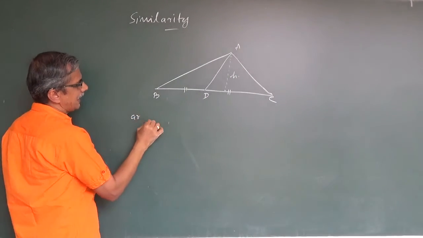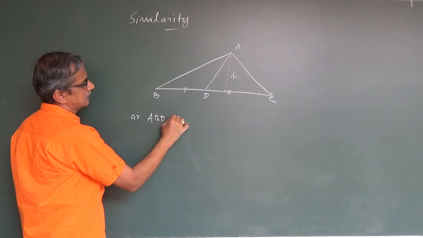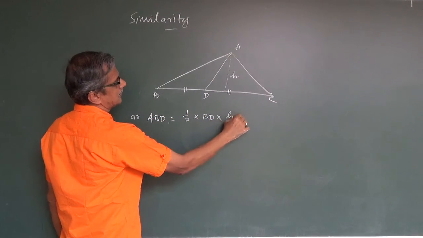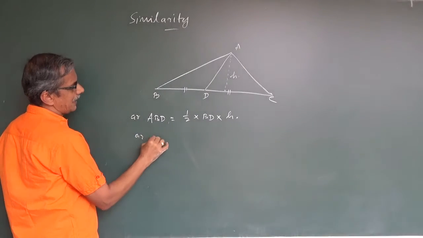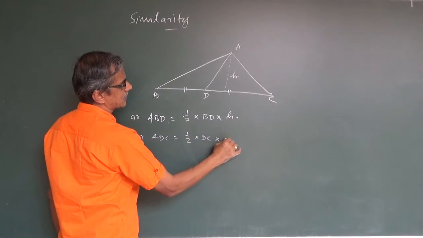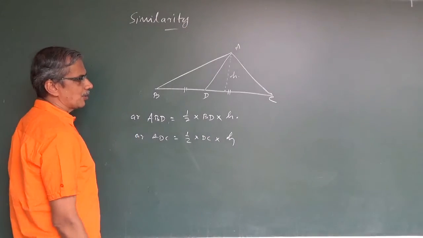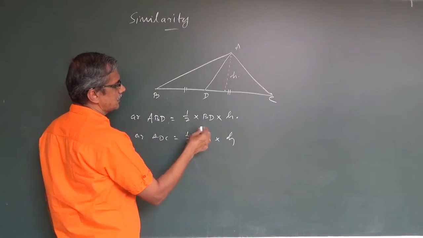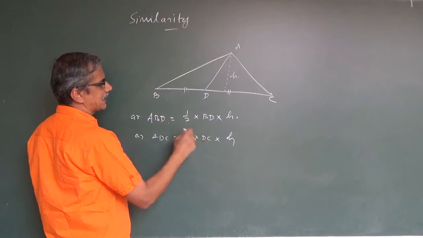So now area ABD is equal to half into BD into H. And area ADC is equal to half into DC into H. And BD and DC are equal. So you can see that I can replace it as BD.